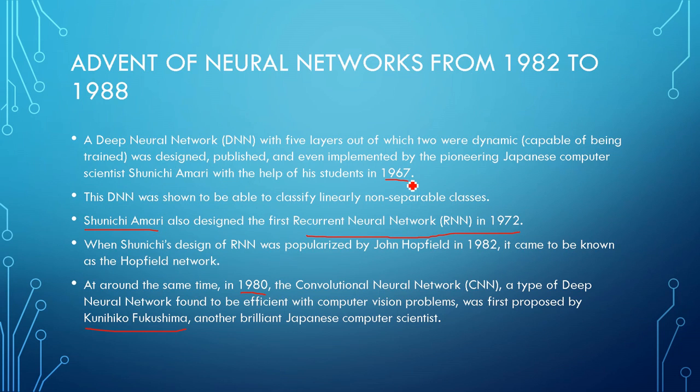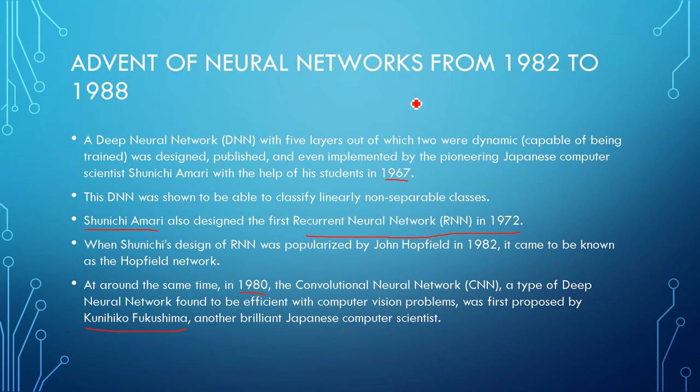So he was well ahead of his times, but the computers at that time were not capable, and it took around the 1980s for the capability of computers to match the design power of Shunichi Amari. So what he had designed could not work well earlier, but in the 1980s, its power was realized.